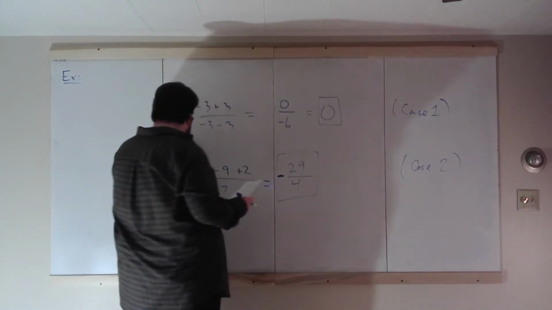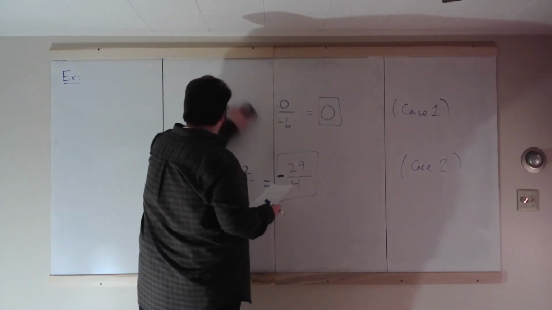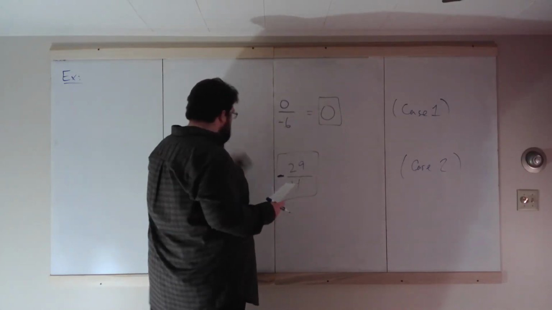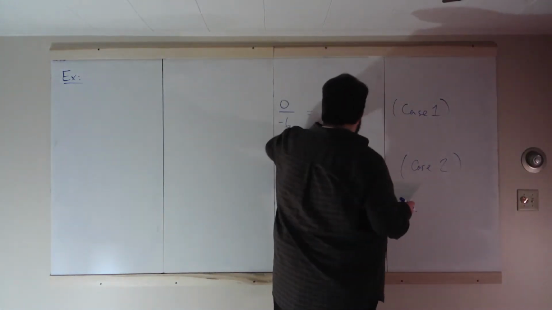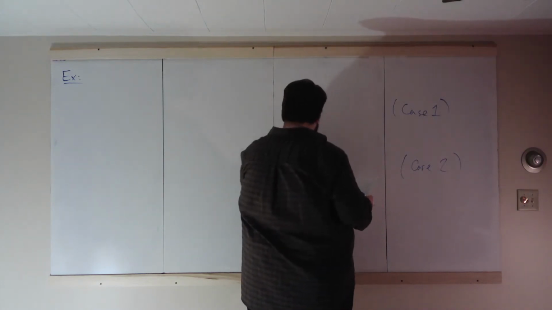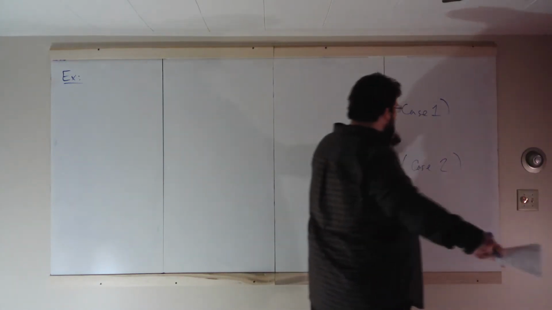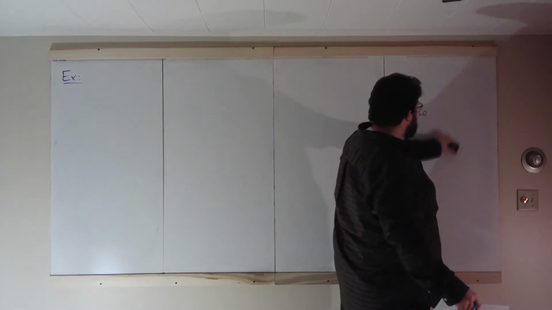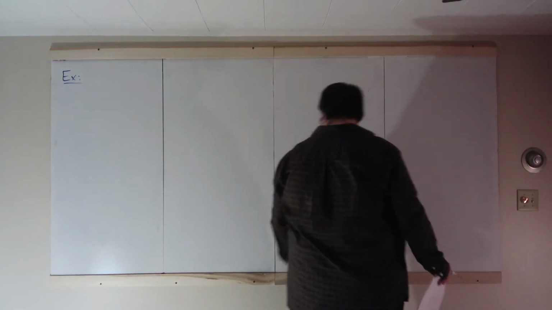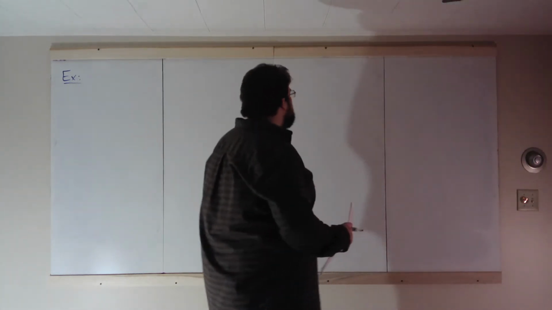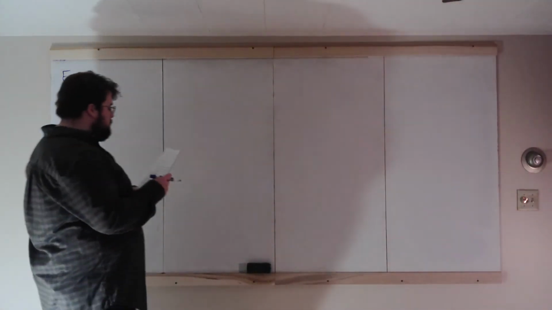Let's do 2 more. When you have a limit, first thing you should try is a direct substitution, because if that works, you're done. If it doesn't work, well, you have more work to do, but at least you know that you didn't jump over a quick answer.